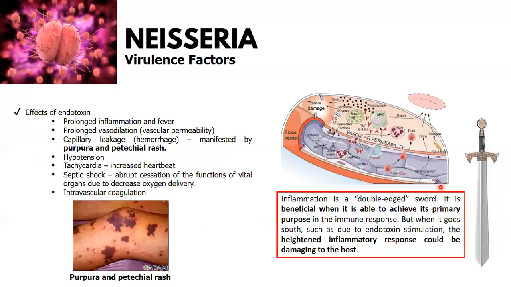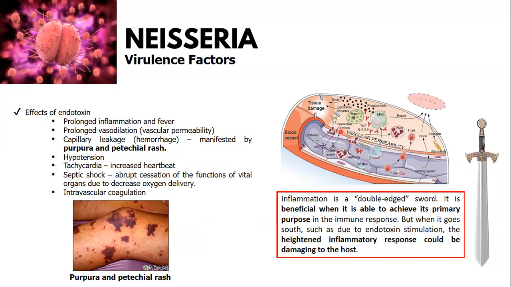So what are the effects of endotoxins? As I said earlier, it could result in prolonged inflammation and fever, as macrophages have been stimulated by endotoxins to produce large amounts of pro-inflammatory cytokines. And the presence of large amounts of pro-inflammatory cytokines would result in prolonged vascular permeability or vasodilation.